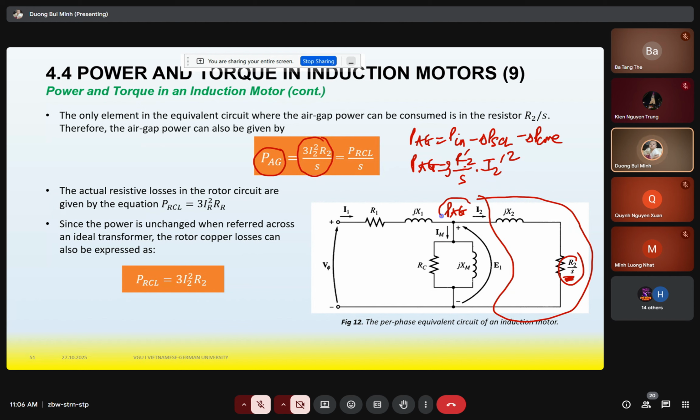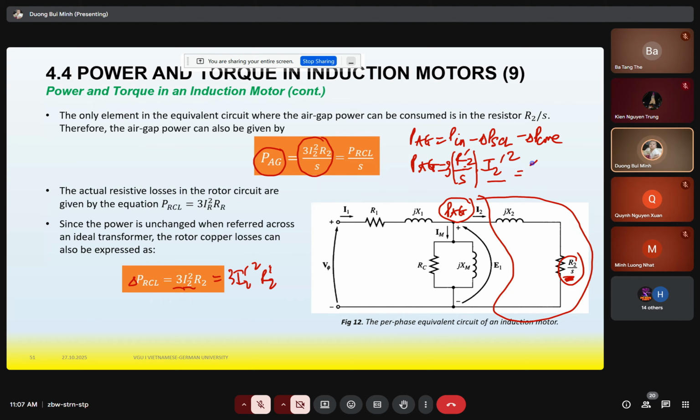So the air gap power is also calculated by 3 R2'/S times I2' squared. And we know delta P_RCL is 3 I2' squared R2'.